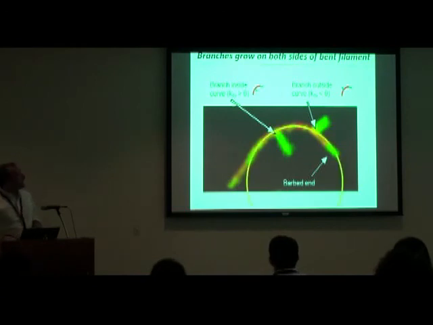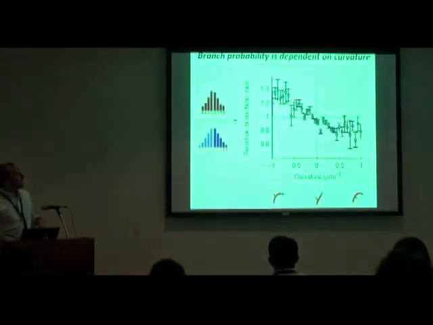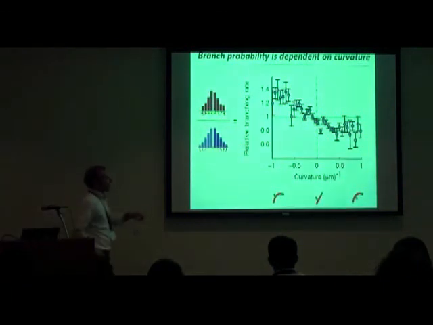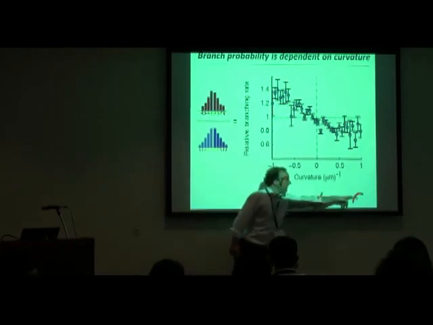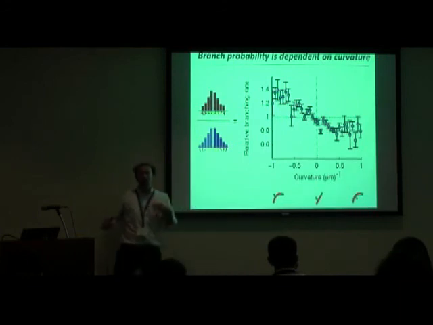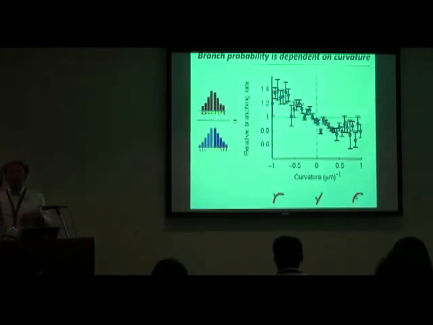So I'll give you a diagram here. So here's the data. If I've got a filament and it's bent that way, I see a greater chance of forming a branch on the outside than on the inside. So this is a clever mechanism for a single filament to be a sensing element, a force sensing element, and to bias the growth of new filaments in a certain direction.